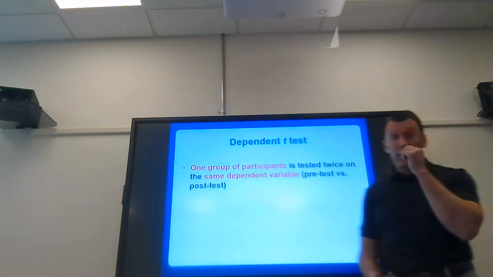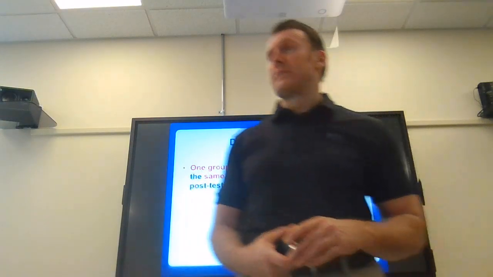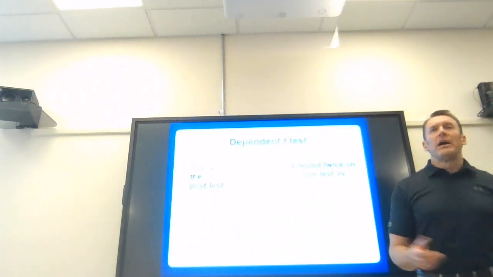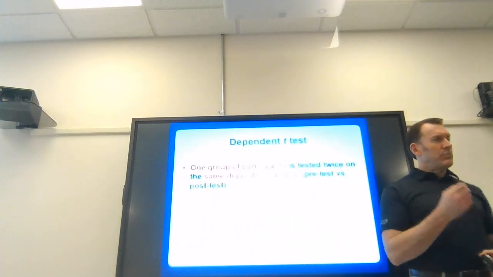Okay, so now we're going to the other side of it, the dependent t-test. A dependent t-test is when we have one person, or each person in the group, assessed over multiple time points. So a baseline and a post-test. As I look, a lot of you are doing this type of design, pre and post.